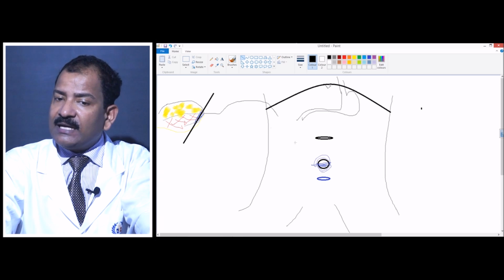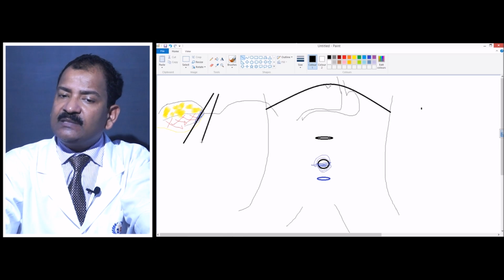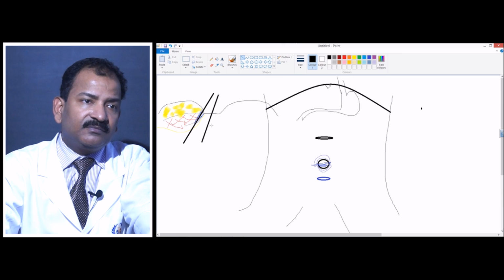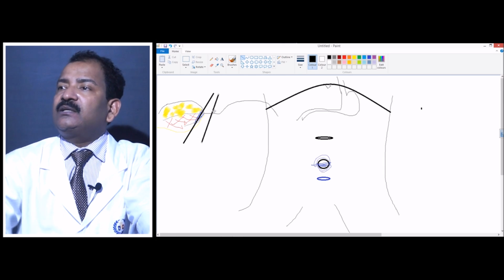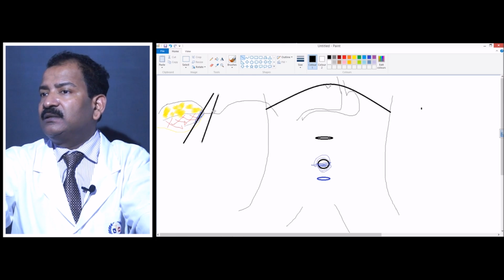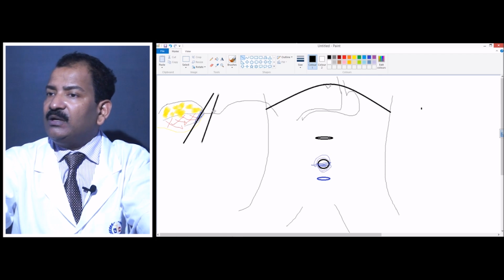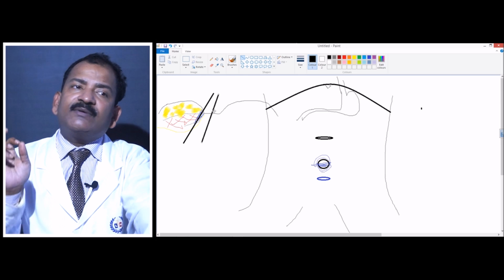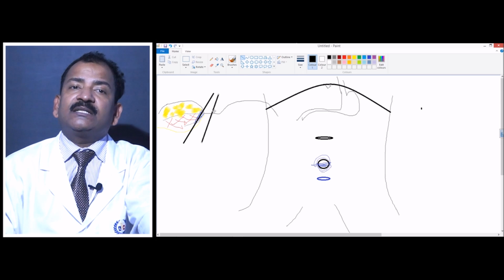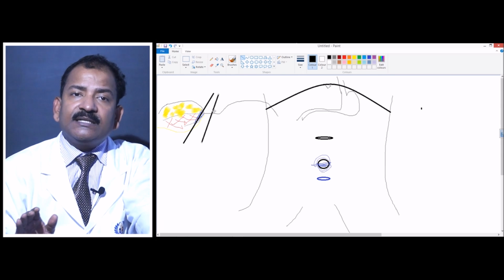you are not going through the thinnest part of the abdominal wall. Transumbilical has a problem: this is the thinnest part of the abdominal wall, and if you do not close the rectus, there is a potential risk of hernia. But this idea was given by a Scandinavian surgeon, that is why it is called the Scandinavian technique.